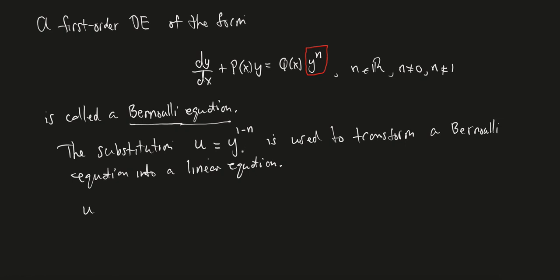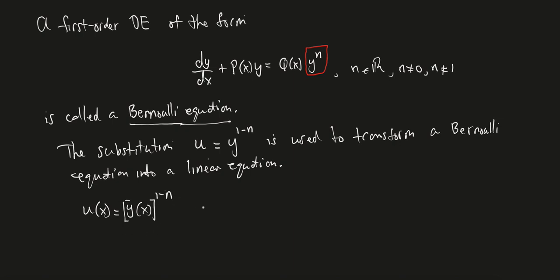So if y is dependent on x, then u has to be dependent on x as well, because I'm taking y, which is dependent on x, and raising it to this constant power, and defining that as this other variable that I'm calling u. So this is a key thing. Everywhere I have a dependent variable, it is going to depend on x. Right, so that's the equation that we have.